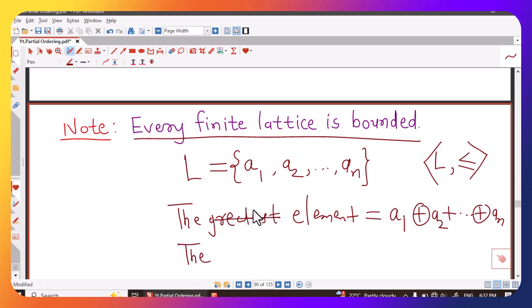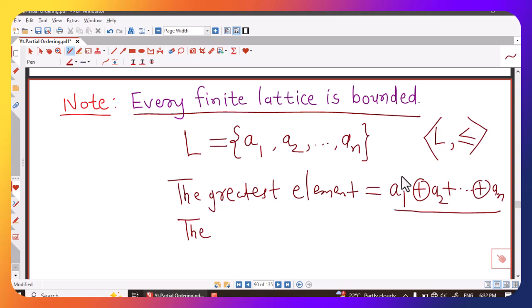I have written correctly, the greatest element is equal to least upper bound of all the elements, because this is upper bound of A1, A2, An, and therefore A1 is related to this, A2 is related to this, and An is related to this. Therefore it becomes greatest element.